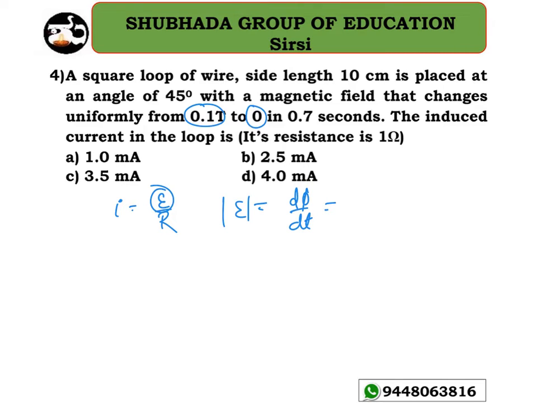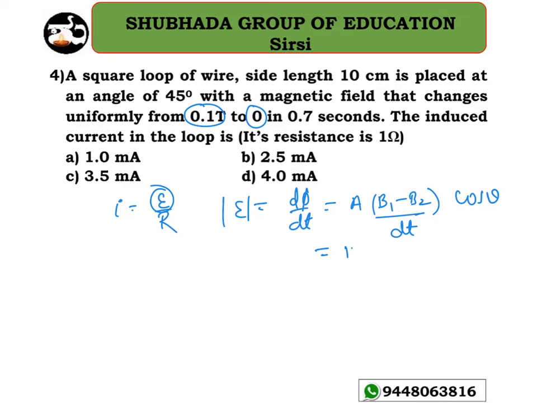Area is constant, but the magnetic field is changing here. Let me take phi as B into A, right? B into A. Now it is A times B1 minus B2 into cos theta divided by dt.